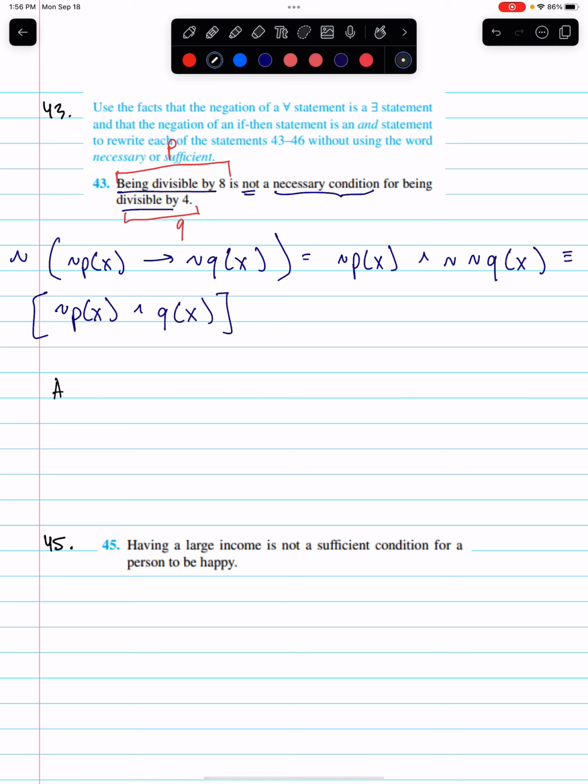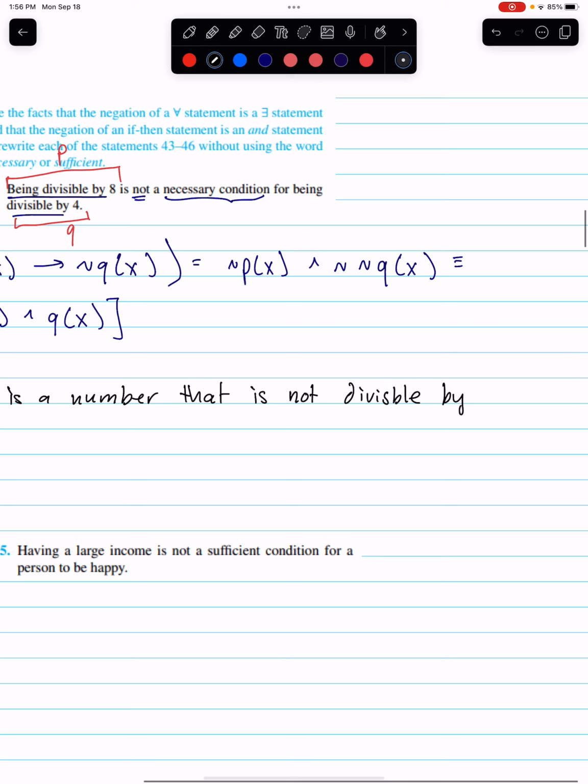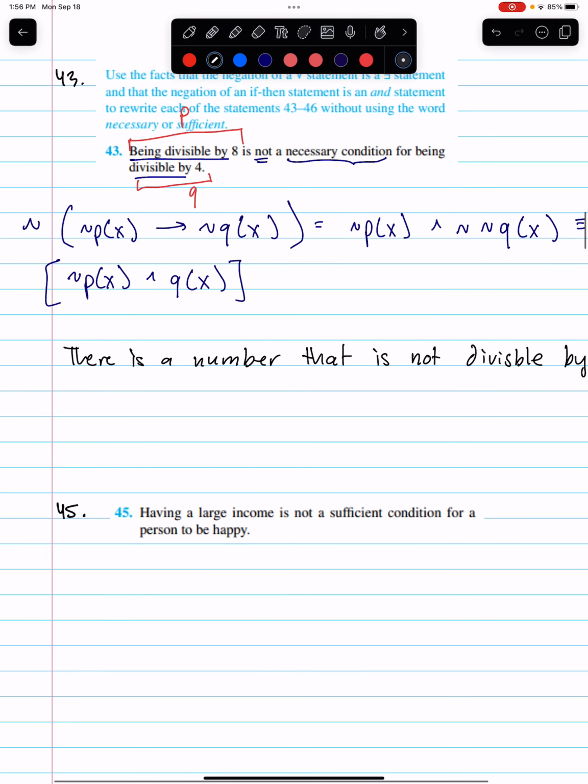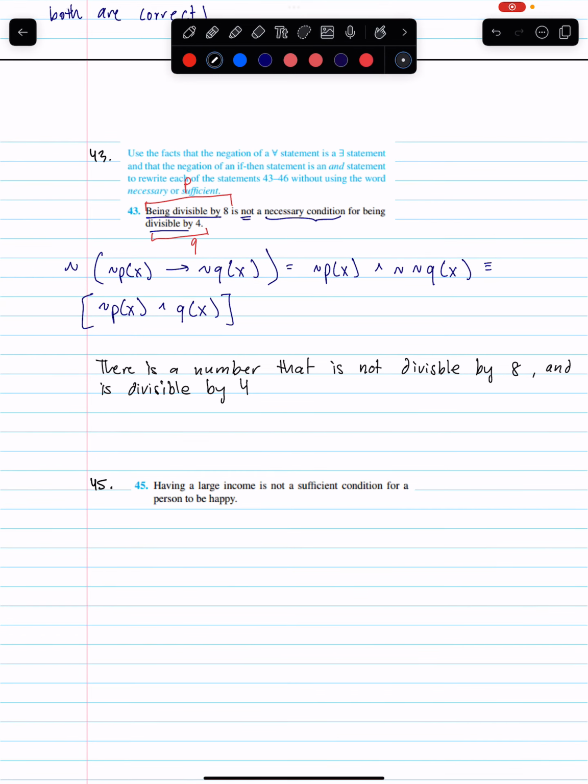So we say there is a number that is not divisible by 8 and is divisible by 4. Alright, so that's your answer.